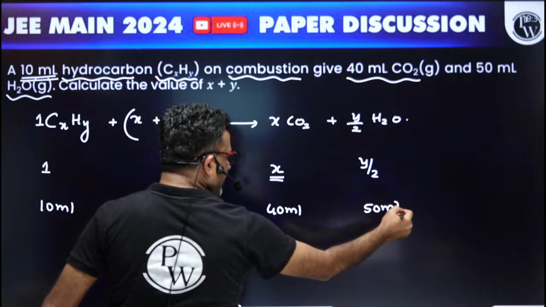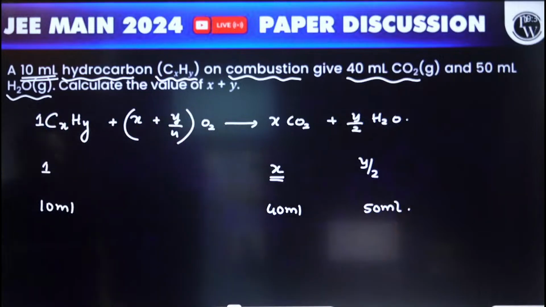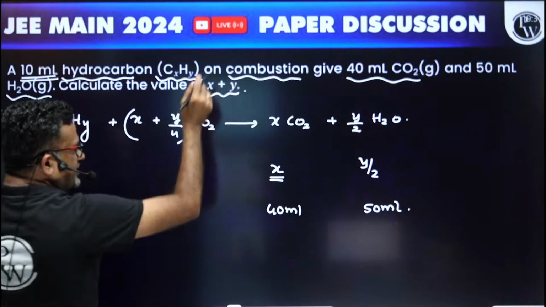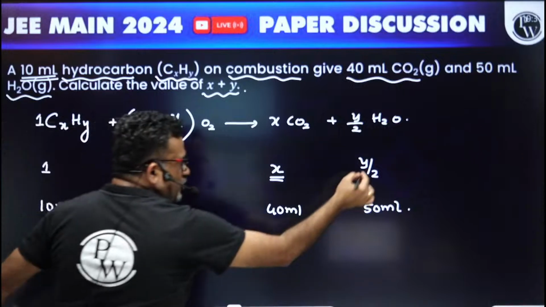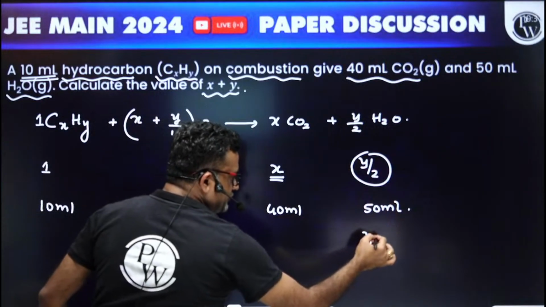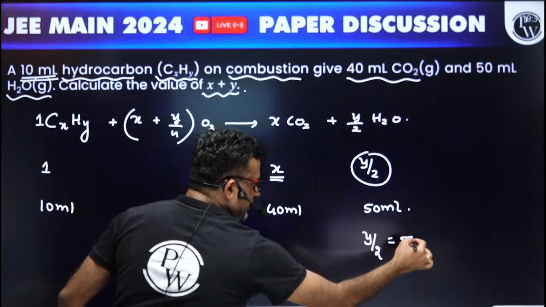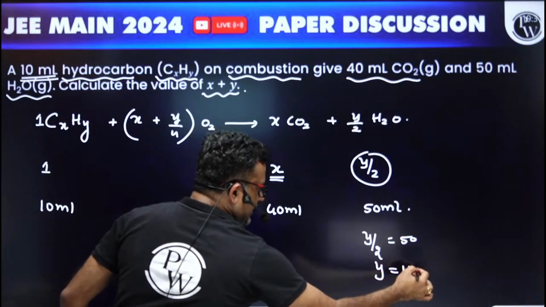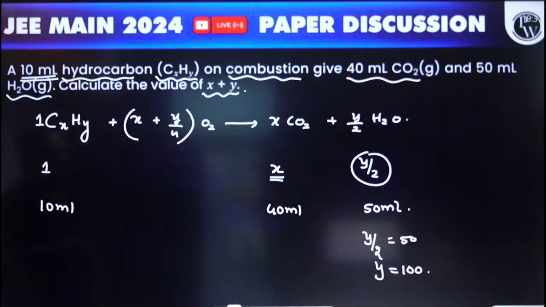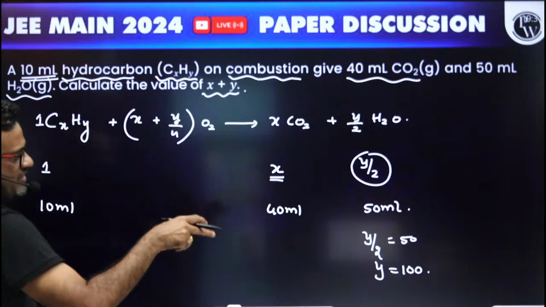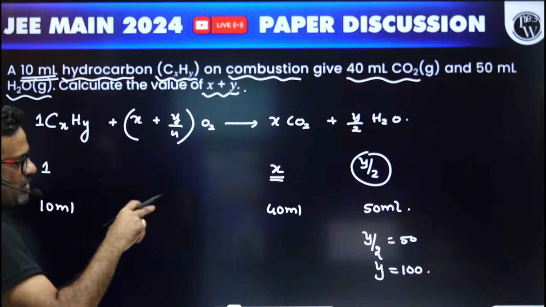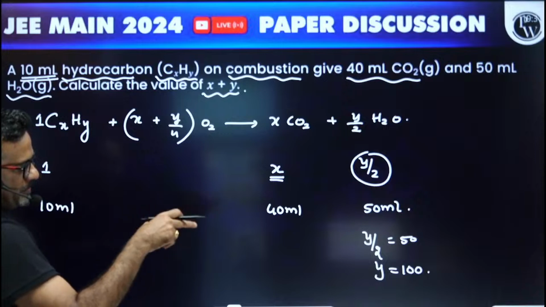So what is the answer they have asked you? x plus y is how much? Your y by 2 is 50, so your y should be automatically 100.